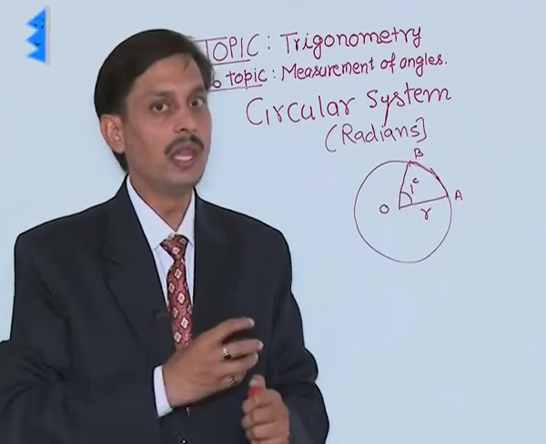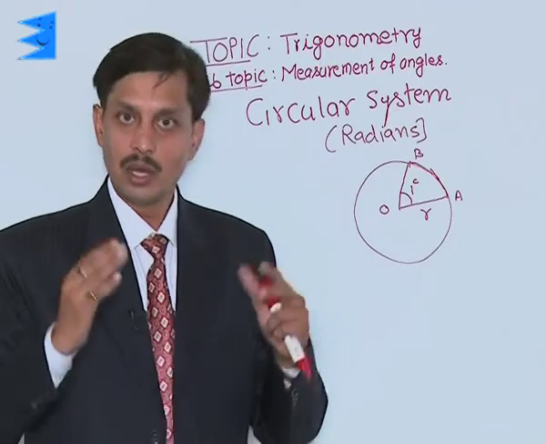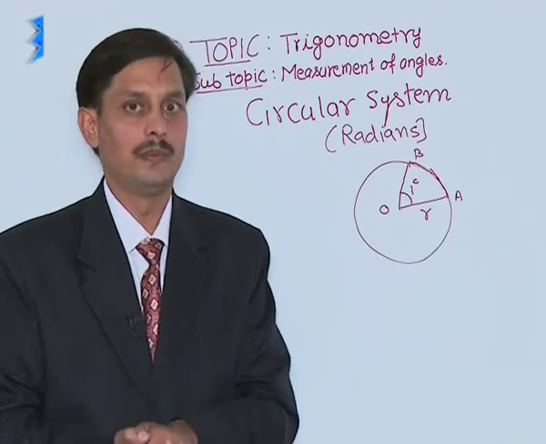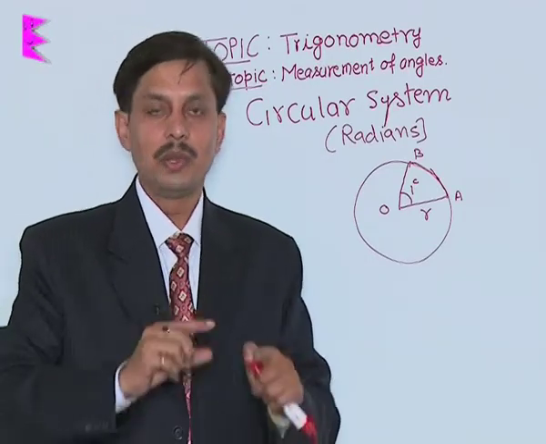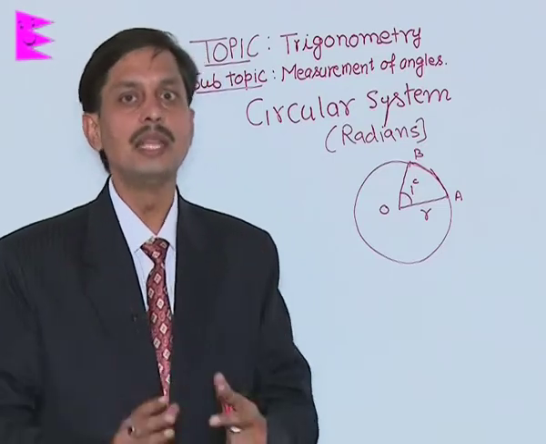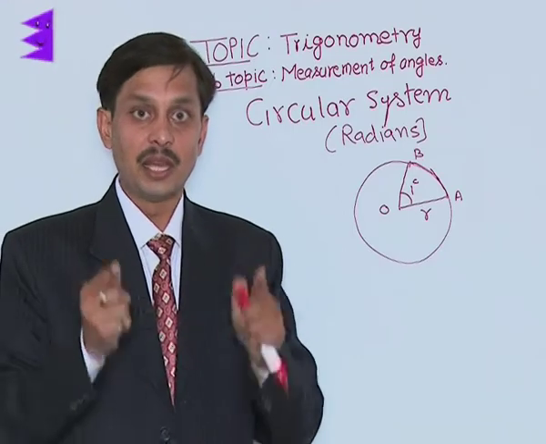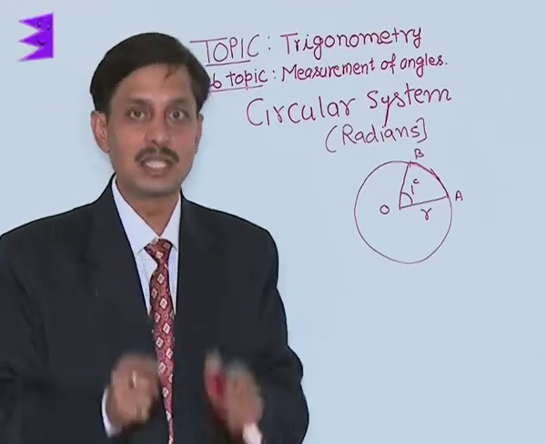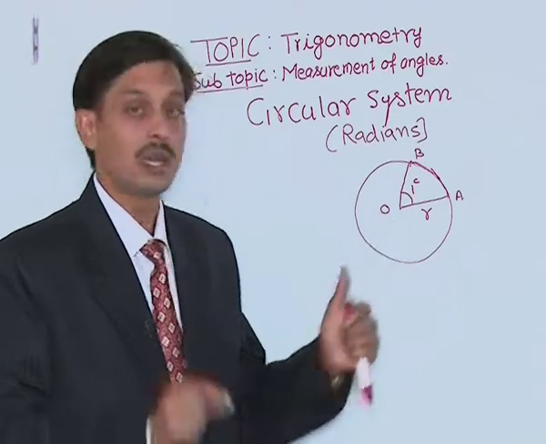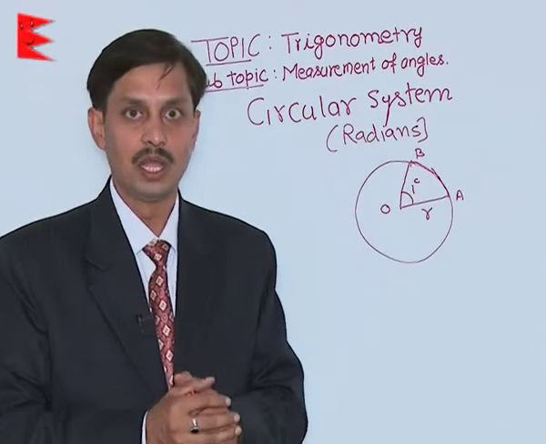So a very brief definition of 1 radian is: if the length of an arc of any circle is equal to its radius, then the angle subtended by such an arc at the center of the circle is known as 1 radian.